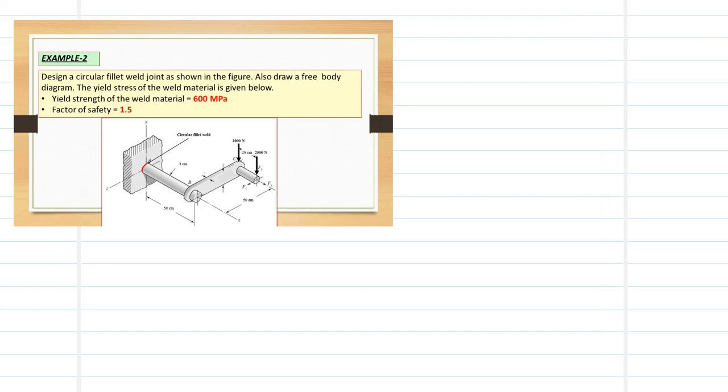If instead of a circular beam, this is a rectangular beam like this, clear? It's a circular cross section. This has a rectangular cross section. Clear?